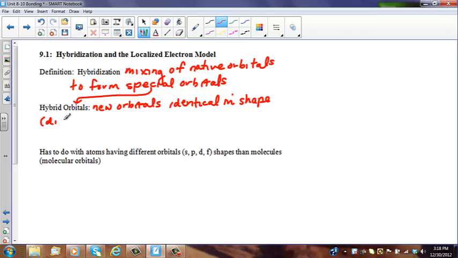I'm just going to put that in parentheses. Different from what they were in the free state.